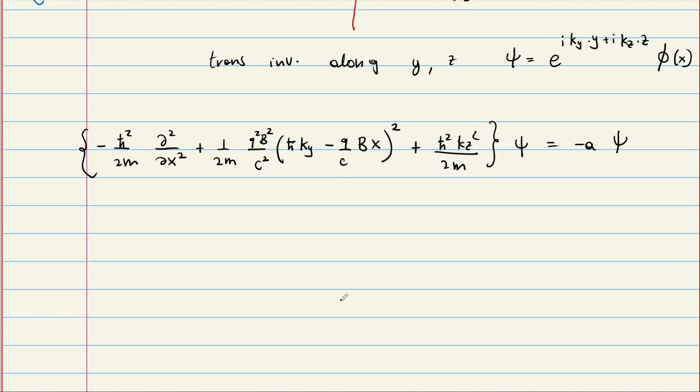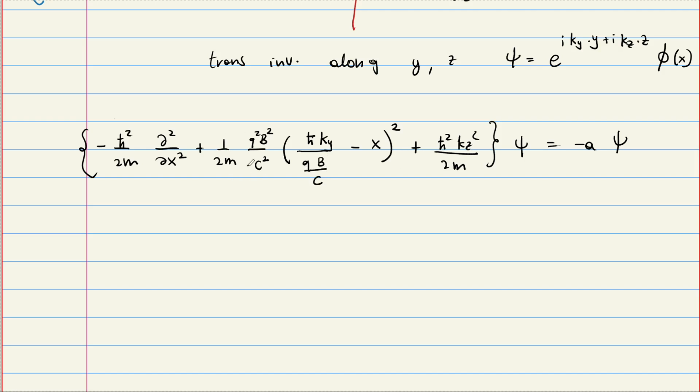And okay, let me do this. So I take this out, and I need to divide this thing. Let me open up some space. So I need to divide this by qb over c.